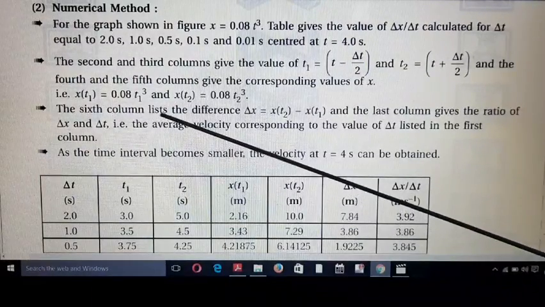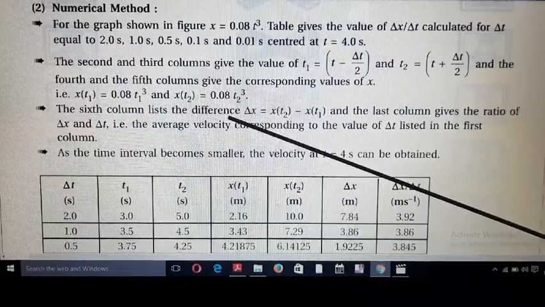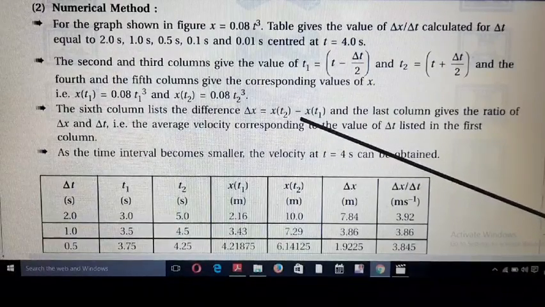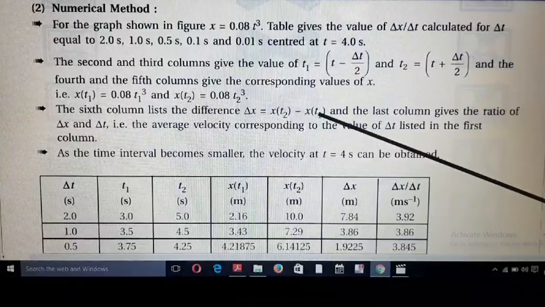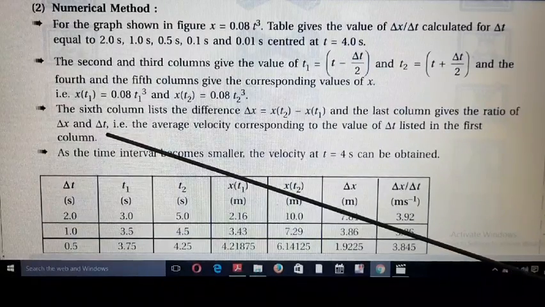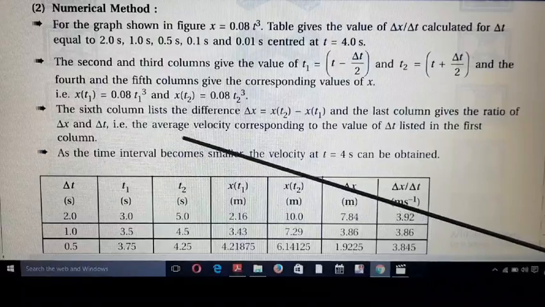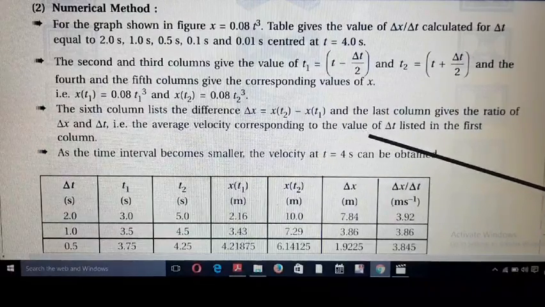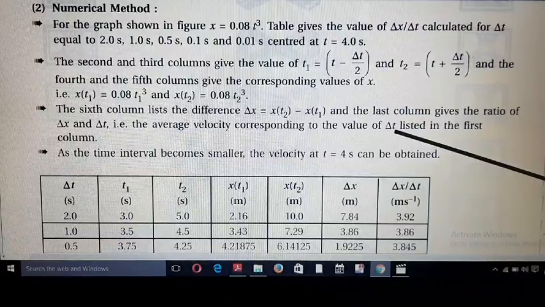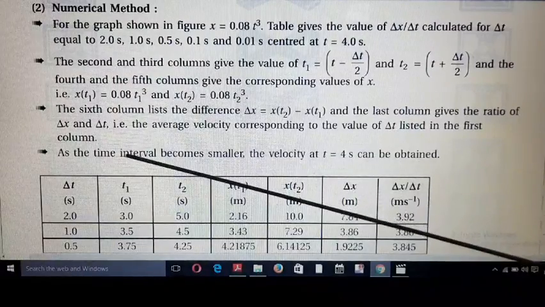The sixth column lists the difference delta x, meaning delta x is equal to x(t2) minus x(t1). And the last column gives the ratio of delta x and delta t, that means the average velocity corresponding to the value of delta t listed in the first column.